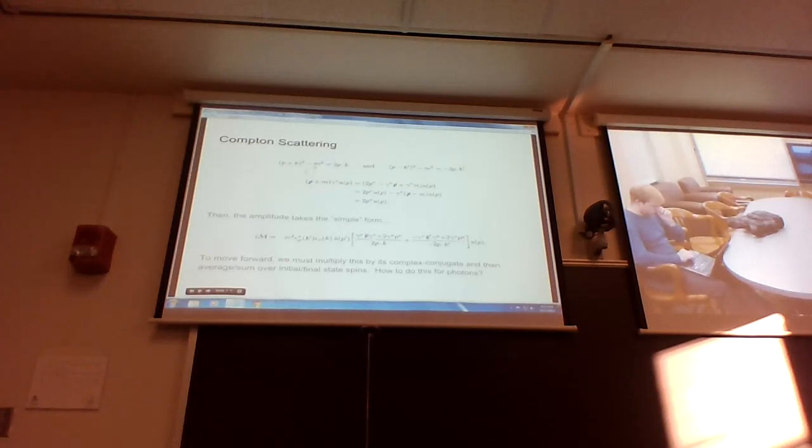And those two masses cancel off, so all you get is this little dot product. Okay? We consider the photons massless, we consider that they are real photons, because these are external state photons. Okay, so they're on shell. So these denominators just reduce to these nice little dot products.